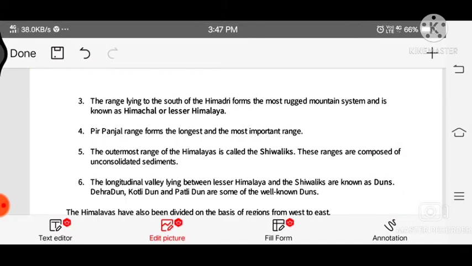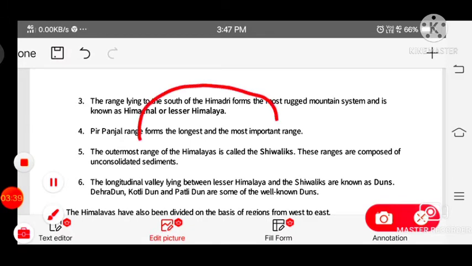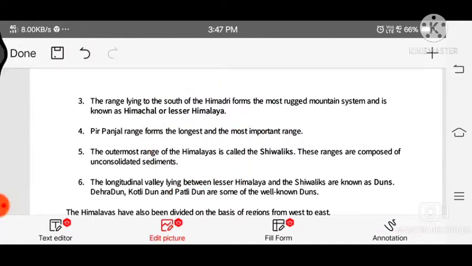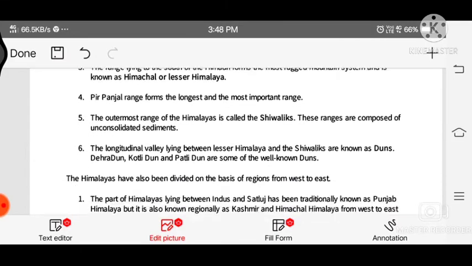Third point: the range lying to the south of the Himadri forms the most rugged mountain system, and it is known as the Himachal or Lesser Himalaya.